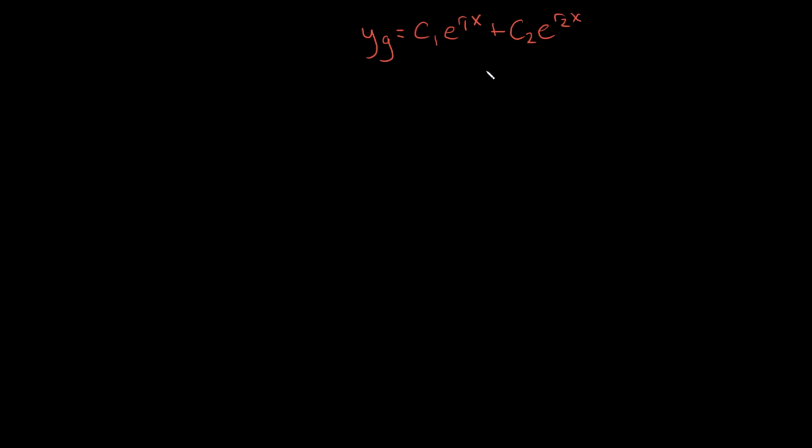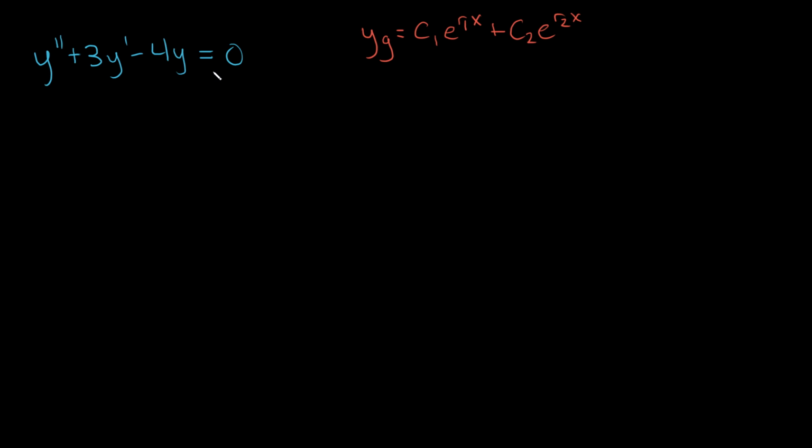Okay, so let's pretend we have the differential equation y double prime, let's make this slightly different so we get a nice root, plus 3y prime minus 4y equals 0.